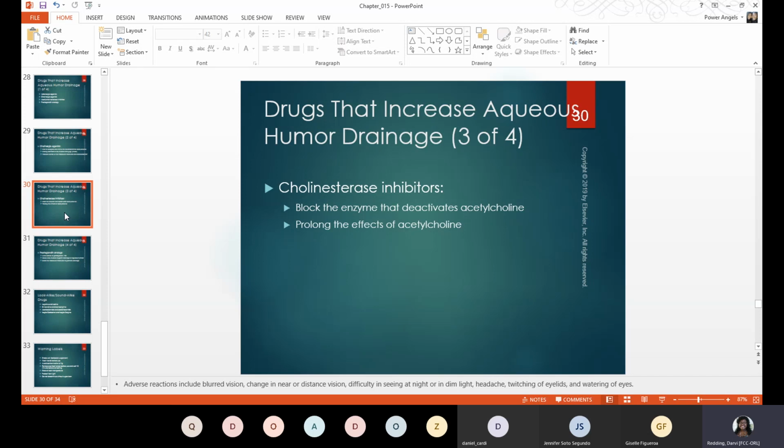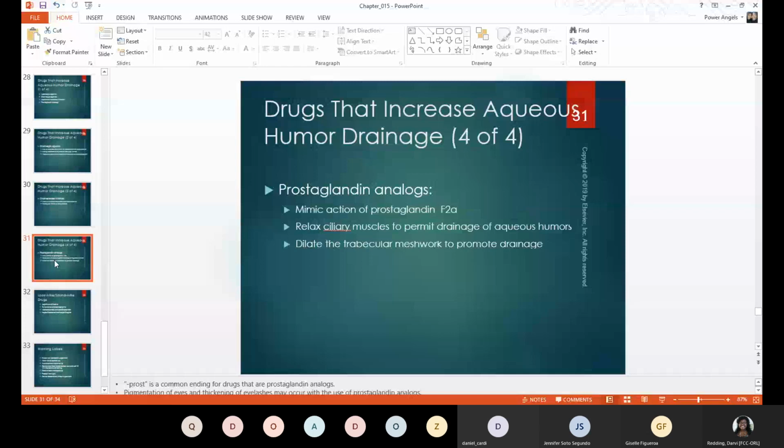A person could have a change in near or distance vision. They can have some difficulty in seeing at night or in a dim light. And they might also have some adverse reactions of having a headache, having some twitching of the eyelids, or even having watery eyes.